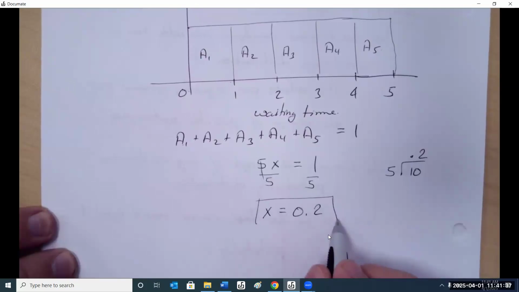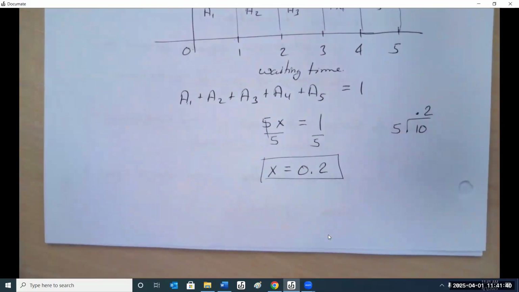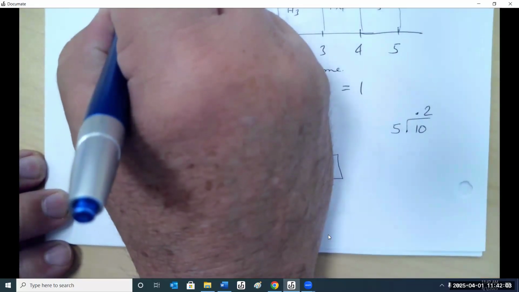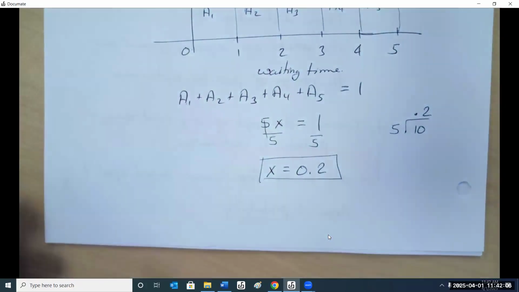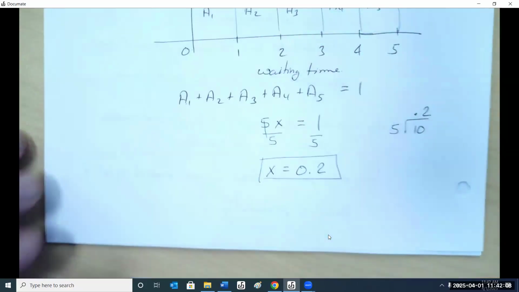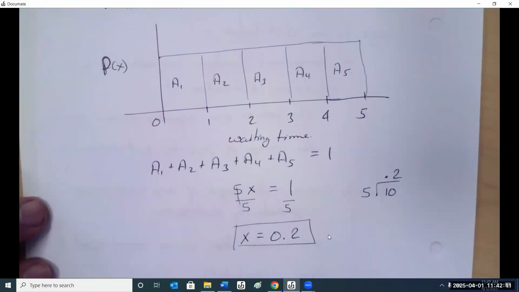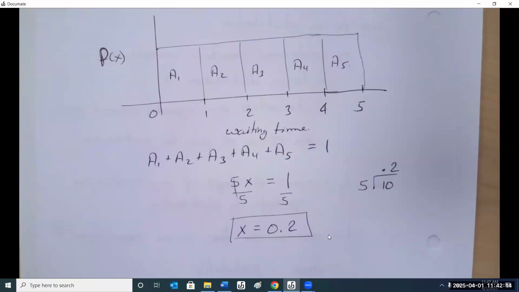This is the waiting time. So what's the question being asked here? Find the probability that a randomly selected passenger has a waiting time of at least 2 minutes. So this is your f of x, your probability of waiting, p of x. Very important.